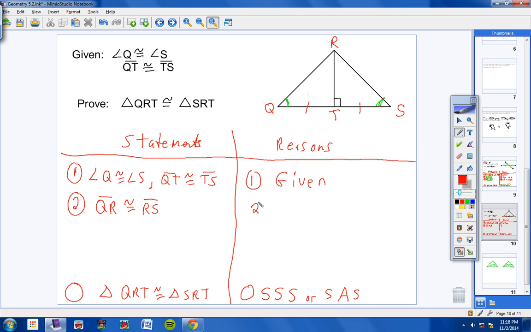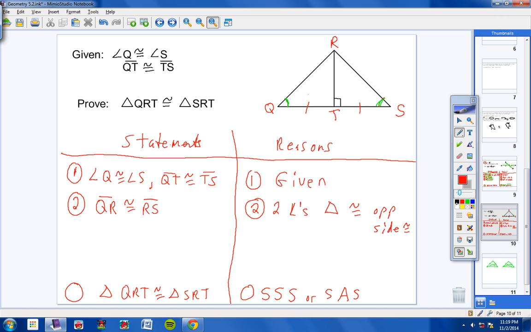Well, it was a theorem that we learned that said two angles in a triangle are what? Congruent. There we go. That's all you got to put for the reason. I'll know what you mean if you put that, okay? We know that this segment here is congruent to this segment here. We know that for sure because two angles in a triangle are congruent. So their opposite sides, I guess you could put opposite sides are congruent. There we go.